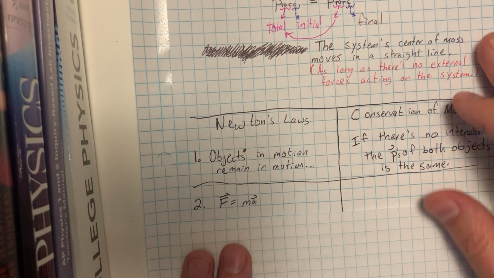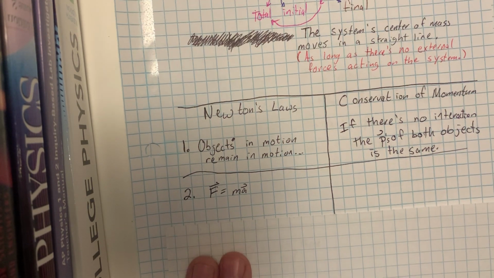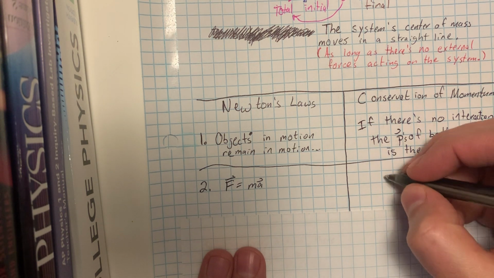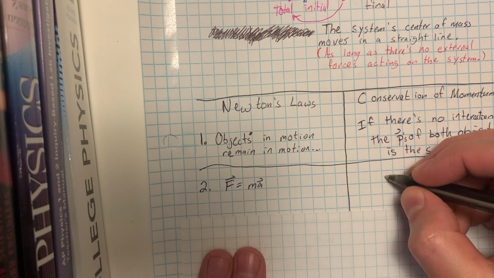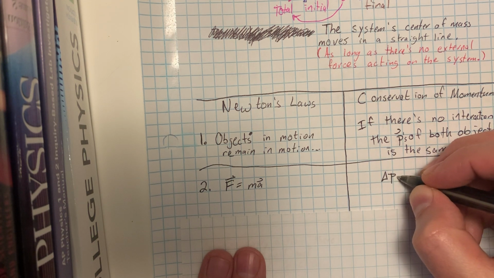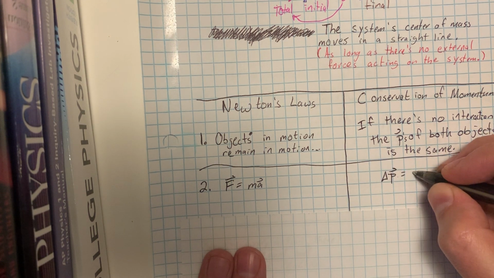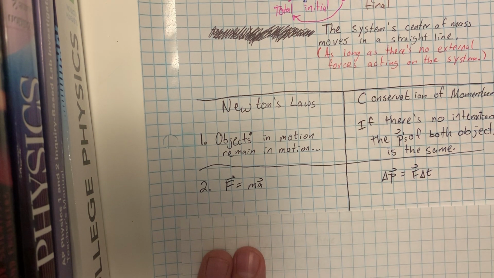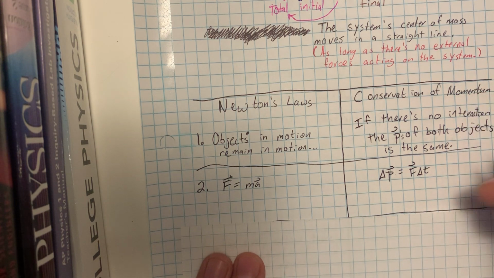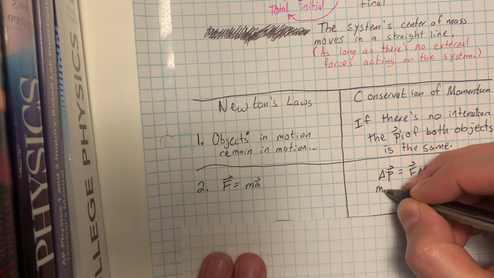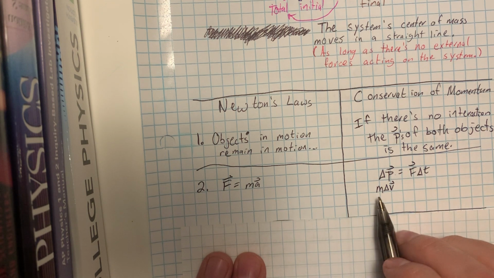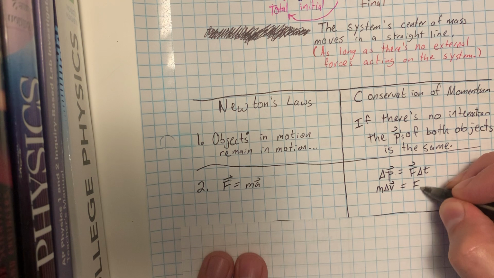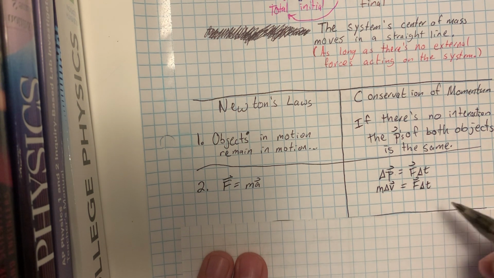Well, what about Newton's second law, F equals MA? Well, Newton's second law really comes from, if we start out with delta P is equal to F delta T, which we said in the last video. Well, delta P is really M delta V. Mass is going to remain constant, right? So M delta V is going to be F delta T again.